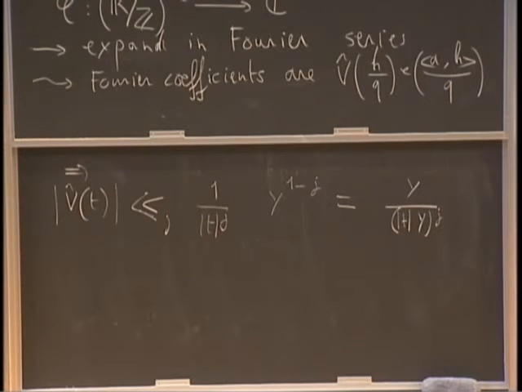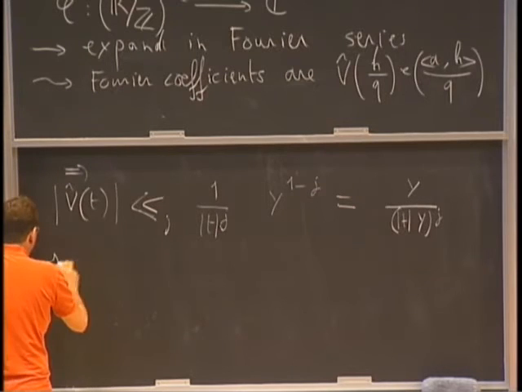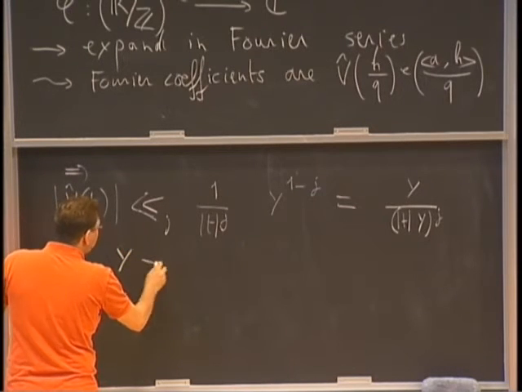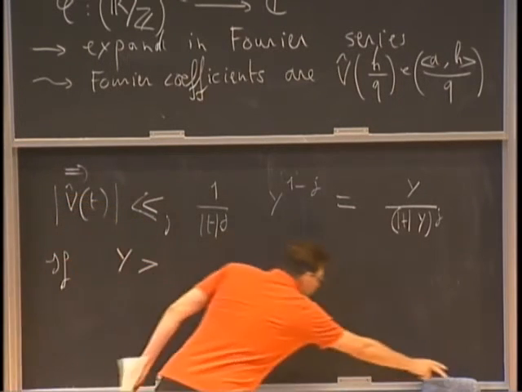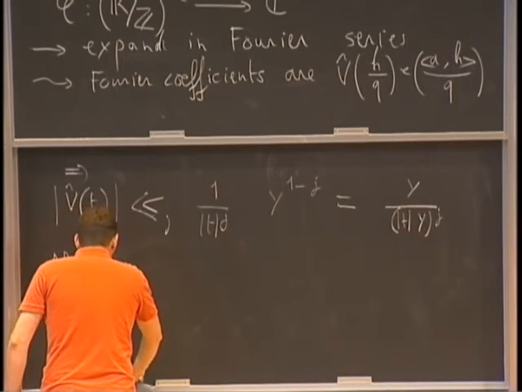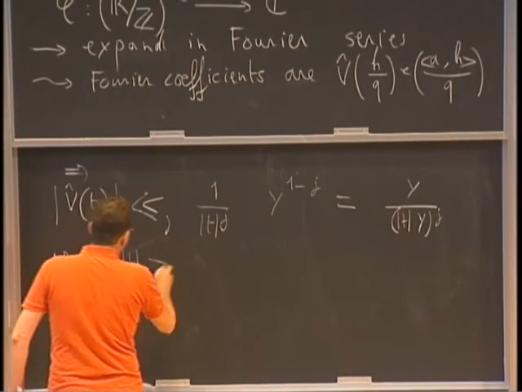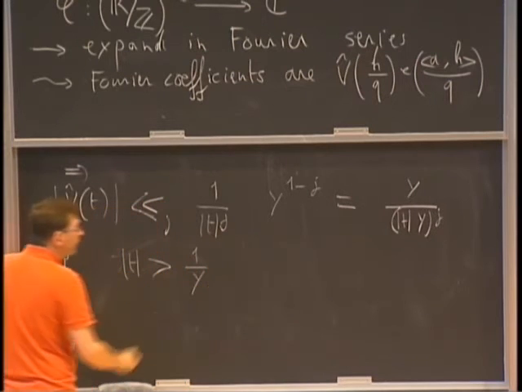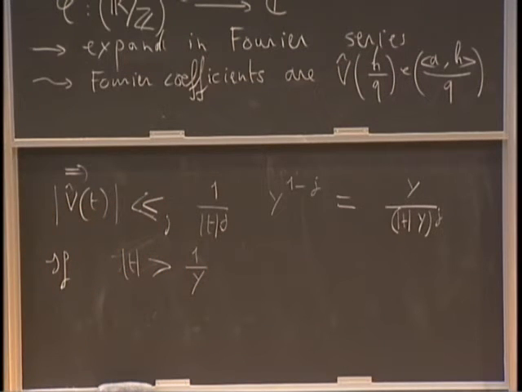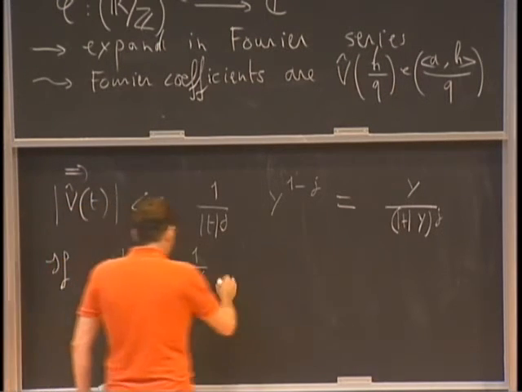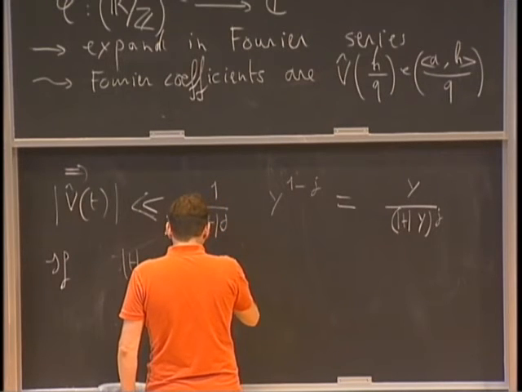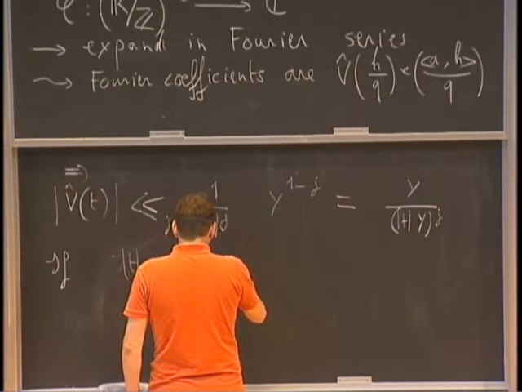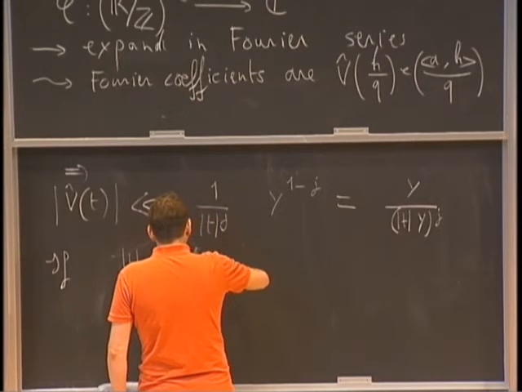Okay? And now we see what happens: if t is larger than 1 over y by even a very small amount, taking j very large makes it extremely small. So let's say t is larger than 1 over y times a huge constant c.